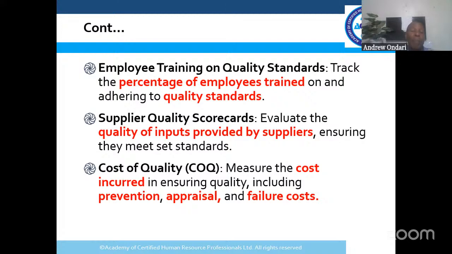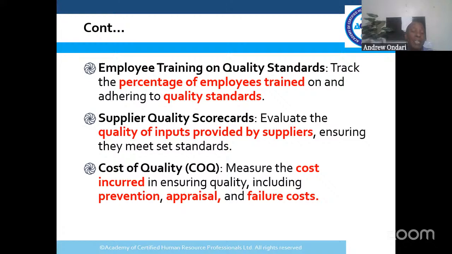So apart from courtesy, it can also mean providing direction. Probably there is a visitor at the gate who has never visited, and they want the direction to the offices. The security officers should be able to direct them to the right offices. So that is part of the quality checks that we look at.